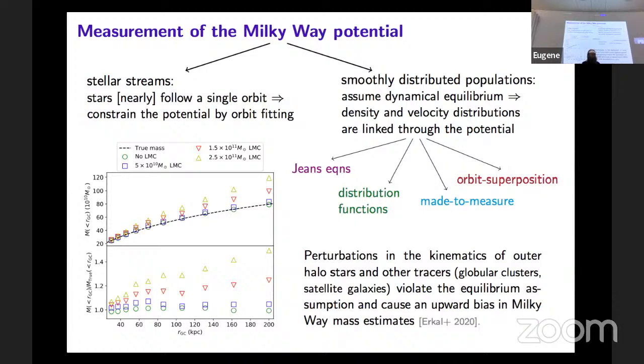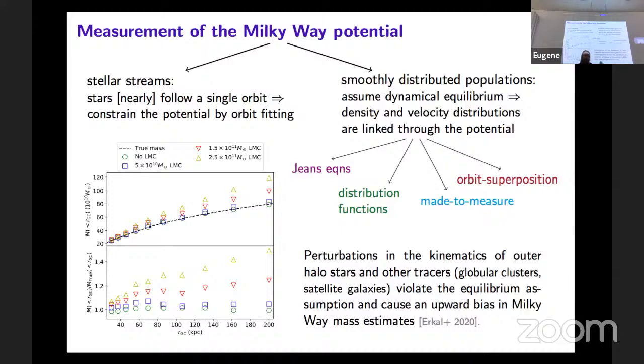So how does it affect our ability to measure the mass of the Milky Way, or mass distribution of the Milky Way? In general, there are several methods for doing this. Most of them rely on the assumption of a steady state or equilibrium, except the methods based on stellar streams, which I already described to some extent. Stellar streams are structures that are manifestly time-dependent.